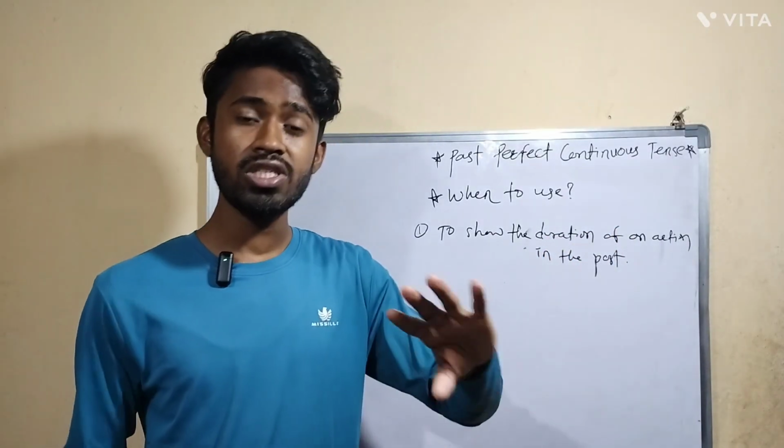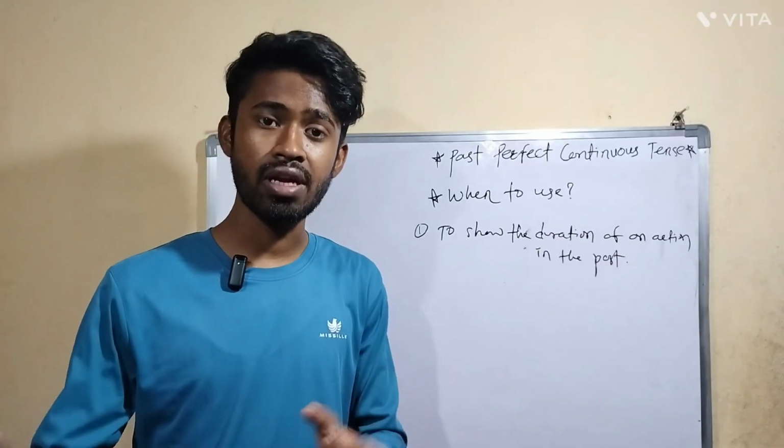So to show the duration of an action in the past, this is the first use. And what is the example? She had been studying for 3 hours before rain started.